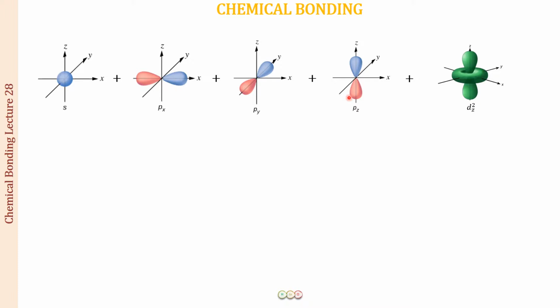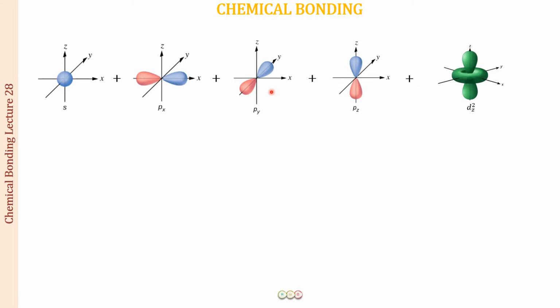The textbook study becomes easy and confusion is not created. Otherwise these three orbitals are identical in shape, and the s orbital can combine with any of the 3 p orbitals for sp hybridization, any of the 2 p orbitals for sp2 type of hybridization.